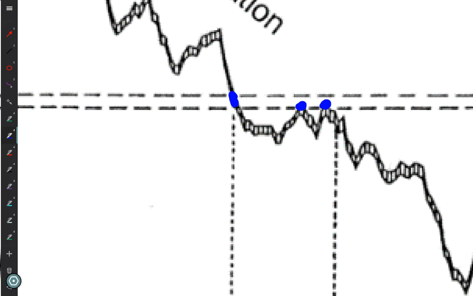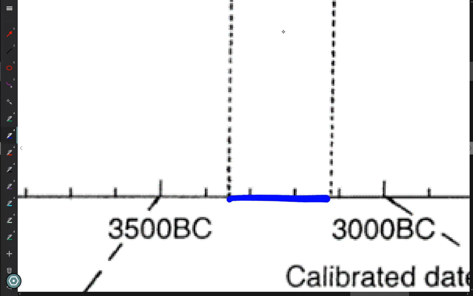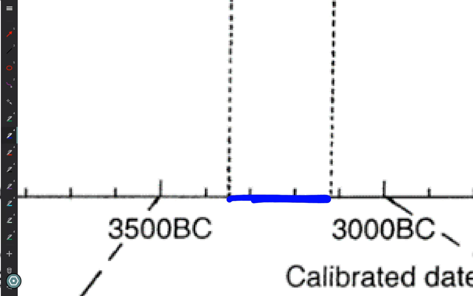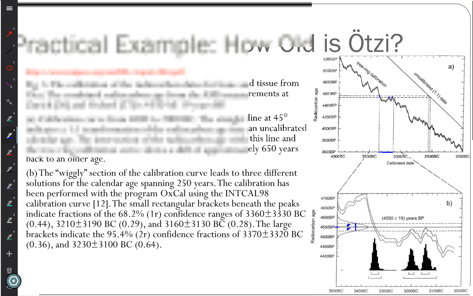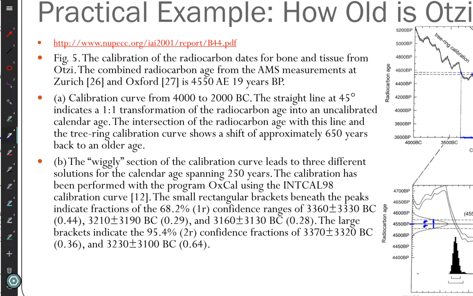And so they get 3 different possible ages for Ötzi, not just 1, but 3. And so those ages are in this span from around 3100 BC to 3350 BC. And if you look here, we have the actual dates and the probabilities for each date over here.